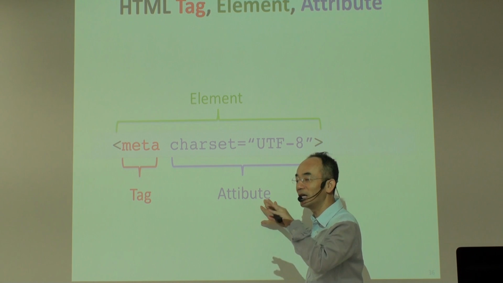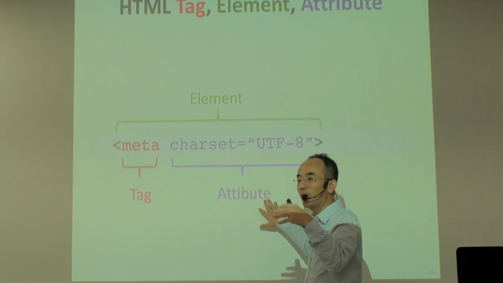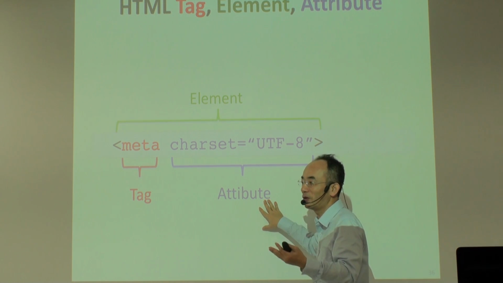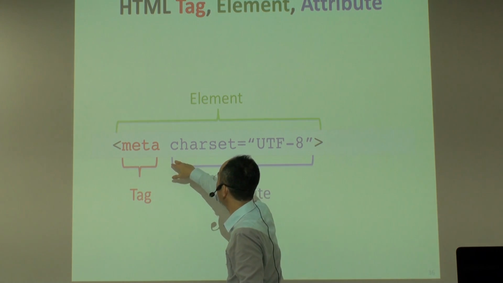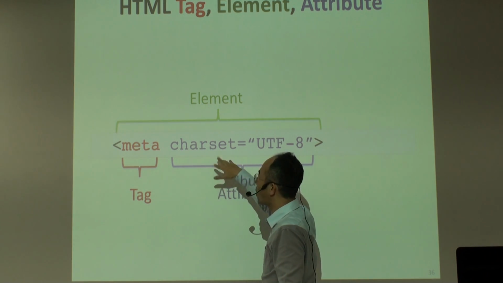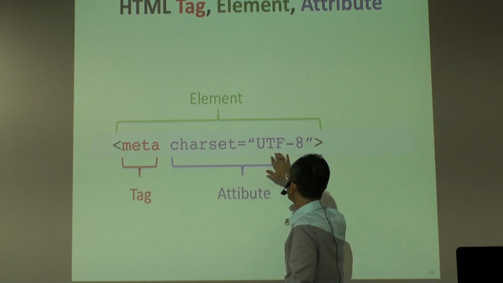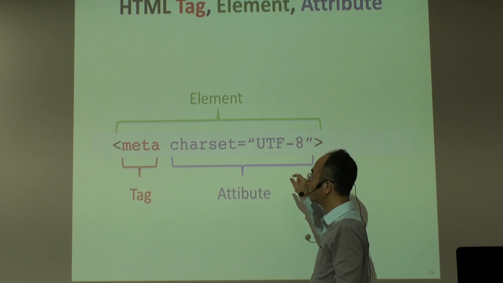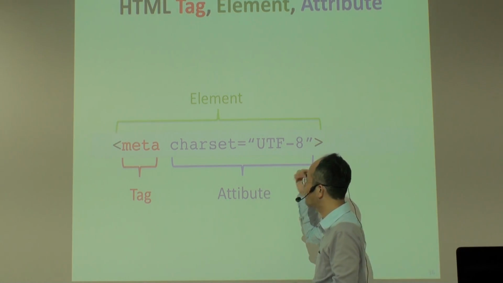Attributes play an important role in rendering your page with different styles, different user interfaces, different colors. For example, here is the meta tag with an attribute called charset equals UTF-8. This is the attribute for designing your character set.